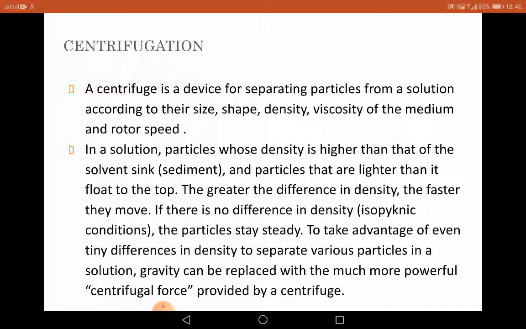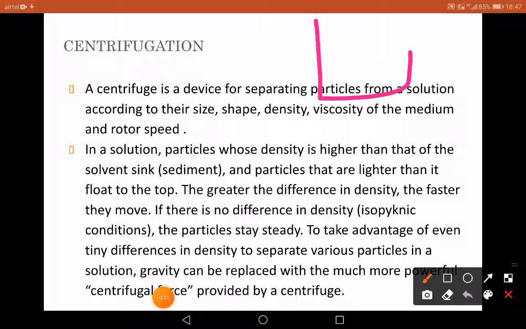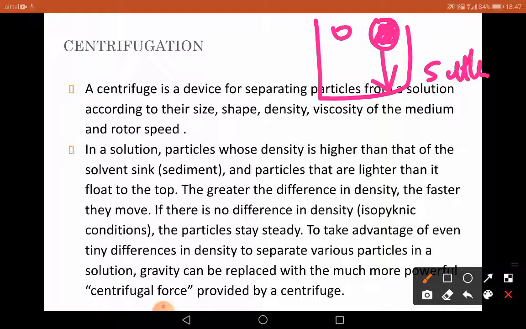So when we take a solution which may contain two types of components, one having higher density and the other having lower density, the particles with higher density will settle fast, they will sediment fast.